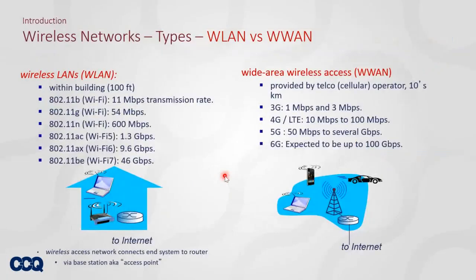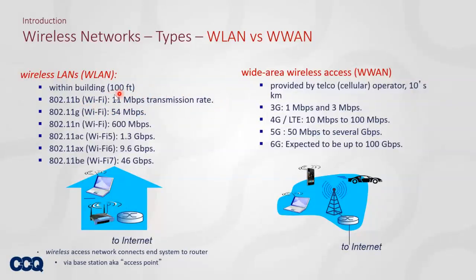Here you can see the different types of wireless local area networks. This was the start of wireless networks: 802.11b. All 802.11 refers to wireless, but here b is the Wi-Fi standard which was established in 1999.